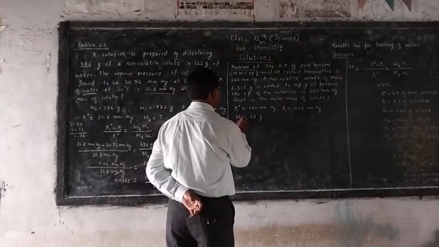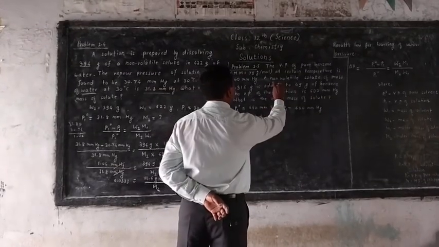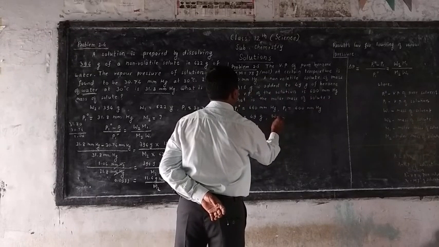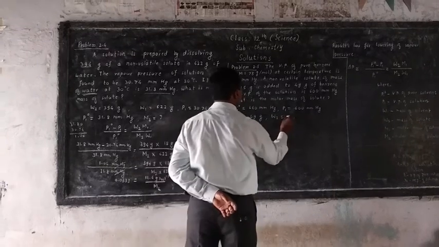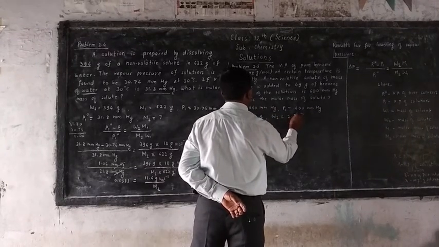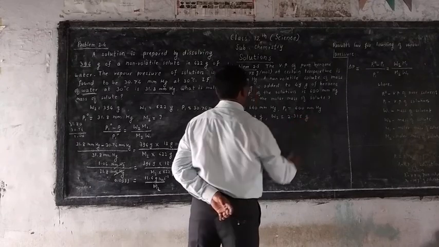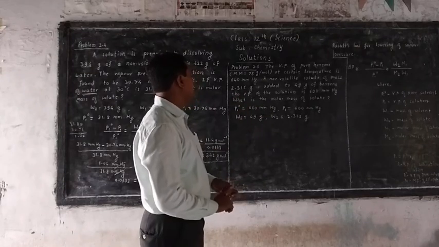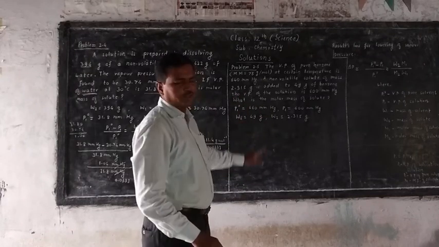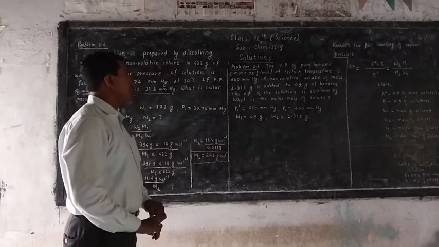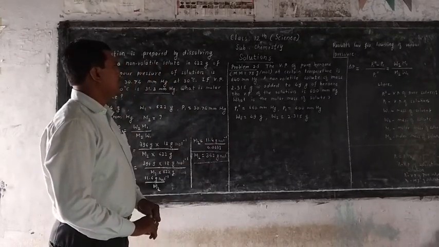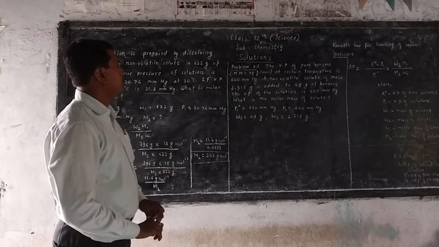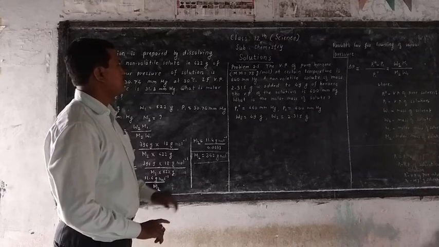Sorry, that was W1. A non-volatile solute of mass 2.315 gram, and here the solvent is benzene. So its weight is 49 gram. The vapor pressure of benzene at a certain temperature is 640.